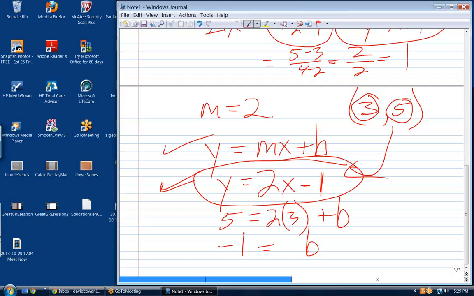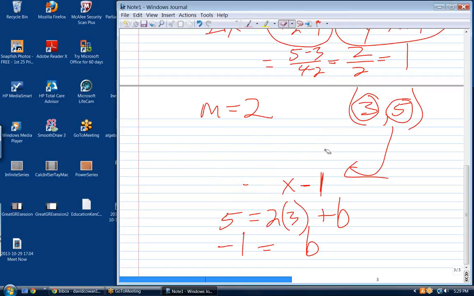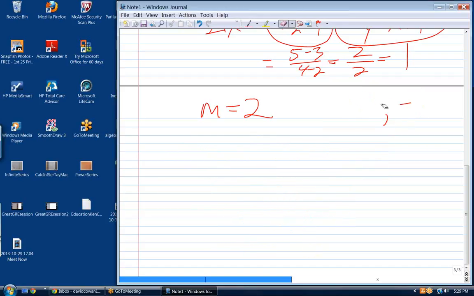Okay, let me give you another problem, which frequently accompanies problems like this. There's the equation of a line.